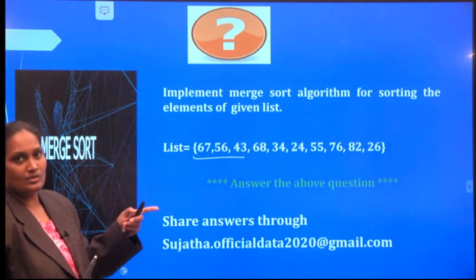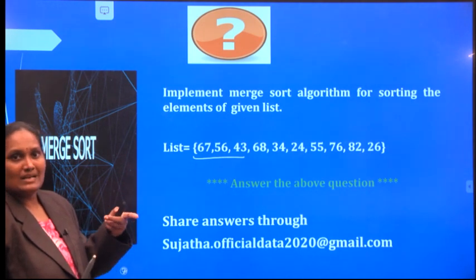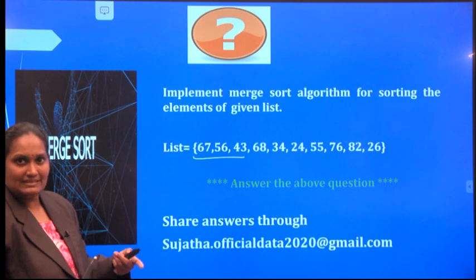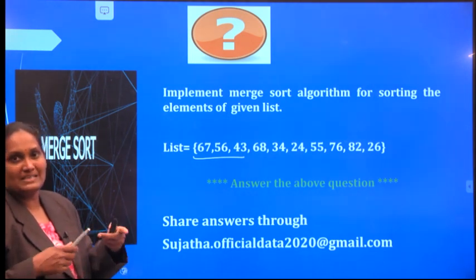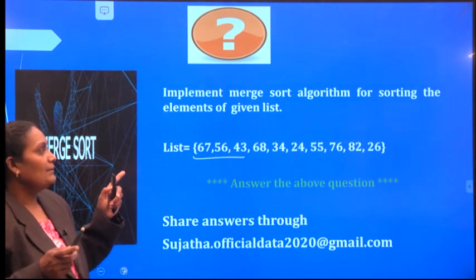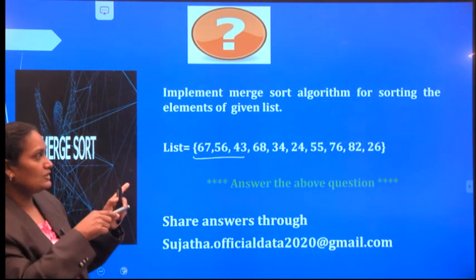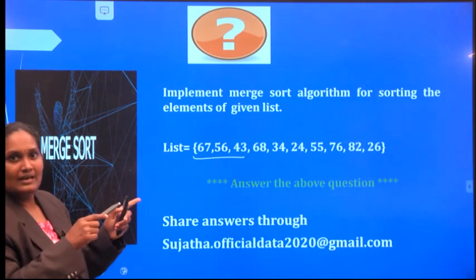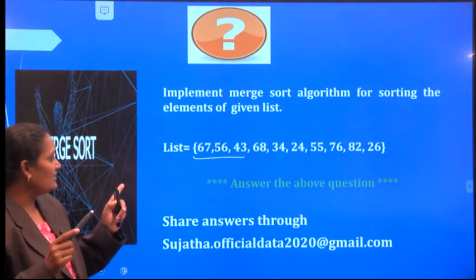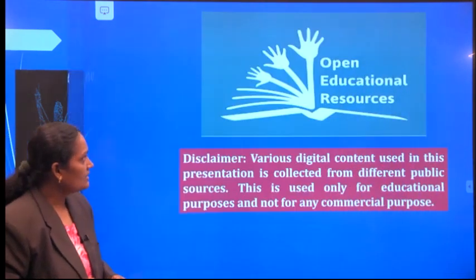That dividing process continues till you get a single element in the array in the case of merge sort. After getting those single elements, your merge process starts. So you need to mainly focus on merging. Get the two sorted subarrays and go for merging those two sorted subarrays. Mainly focus on that one.